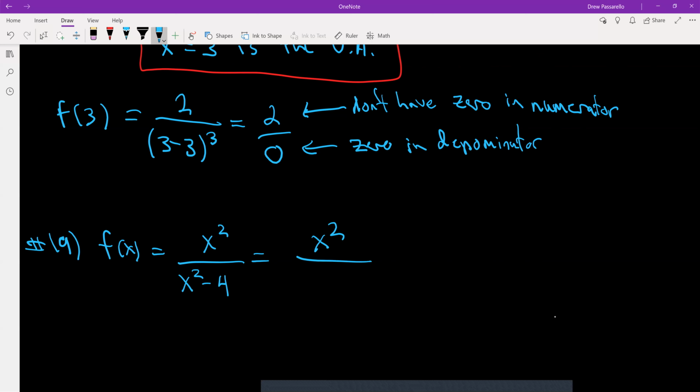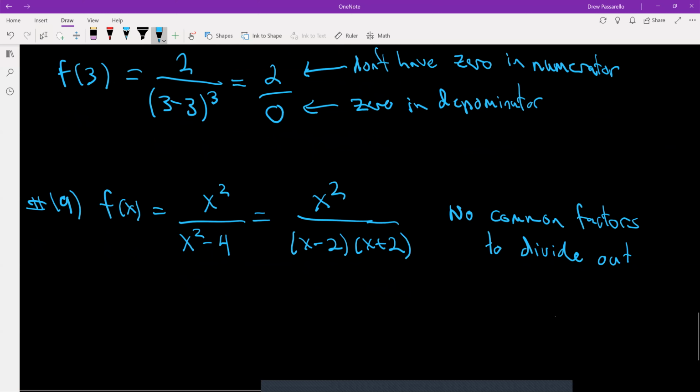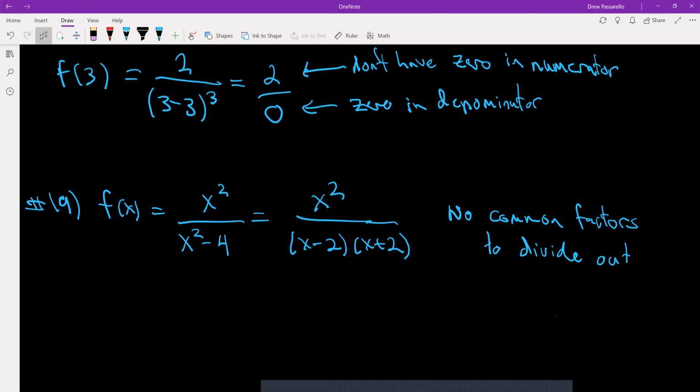The denominator is a difference of squares, so that factors into (x minus 2) times (x plus 2). All right, now there's no common factors that divide out. So I just go ahead and find the cases in which the denominator is 0, for which x values.